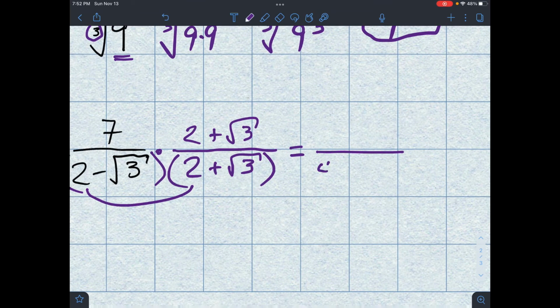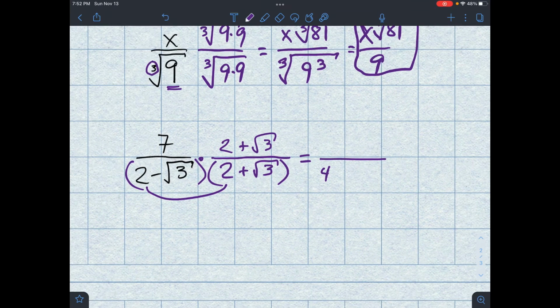I get 4. Then I get 2 times radical 3. So plus 2 radical 3. Then I get plus. Oops, wrong one. Already did that one. This one. 2 radical 3, but this time a negative. So plus negative 2 radical 3.